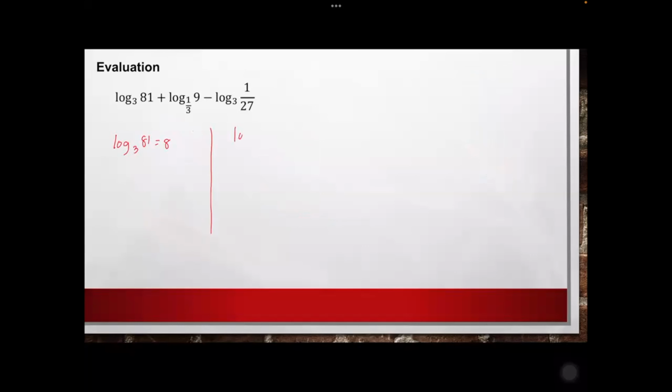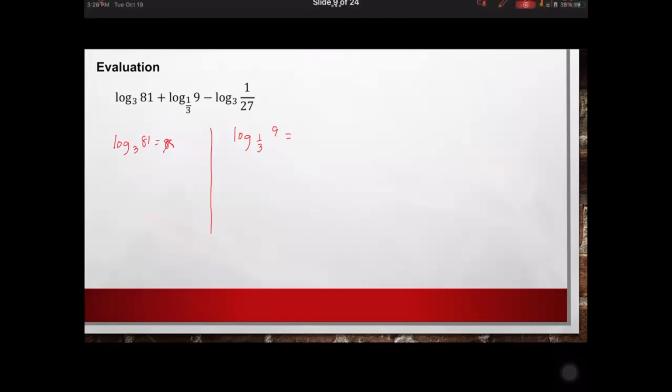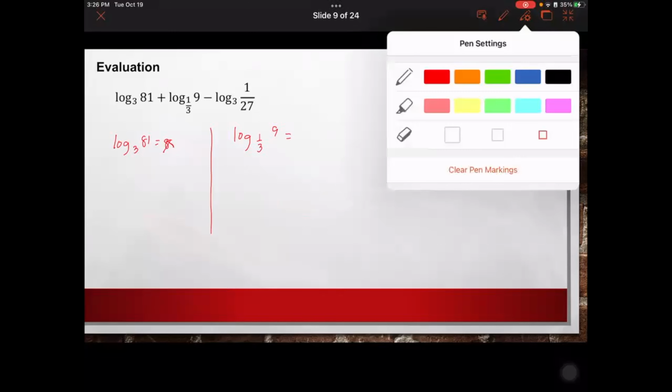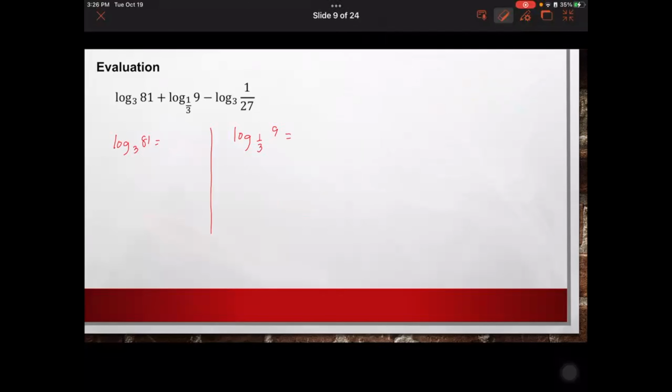Tapos logarithm of 9 base 1/3 is equal to x, correction. Tapos yung isa, logarithm of 1 over 27 with base 3 is equal to x. So tatlong solve natin sa given.